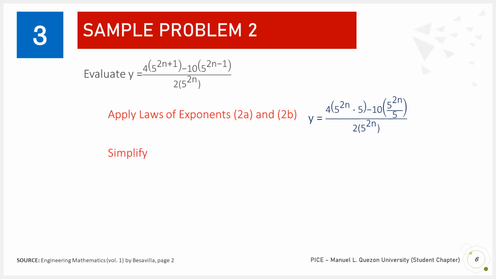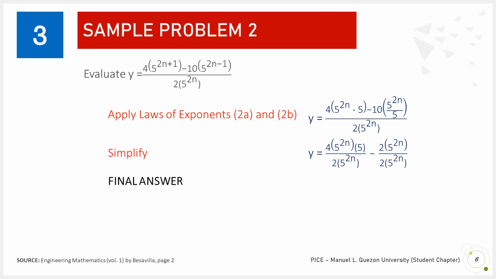So, meron tayong maka-cancel out na numbers. So, ito yung magiging result niya. So, we divided 10 by 5. So, ang sagot is 2. And then, we distribute the denominator dito. Yung 2 multiplied by 5 raised to 2n, dinistribute natin sa numerator. So, magkahiwalay na term na sila.